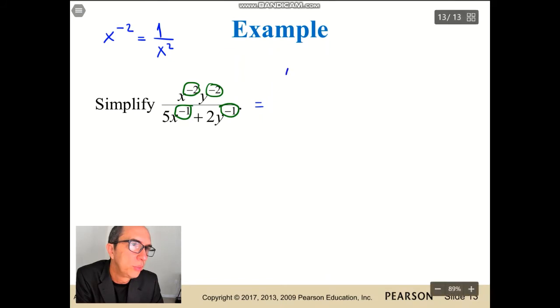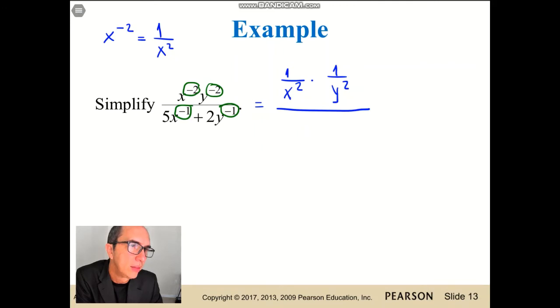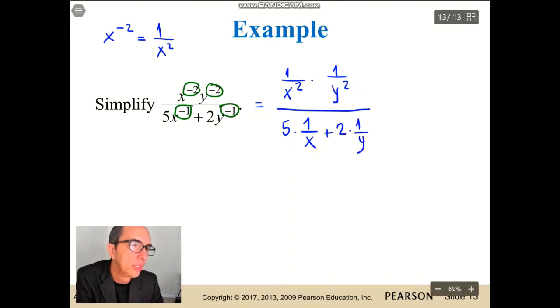So this is going to be 1 over x squared times 1 over y squared over, and here 5 is not submitted to the exponent, so 5 times 1 over x plus, and 2 is not submitted to the exponent, 2 times 1 over y.